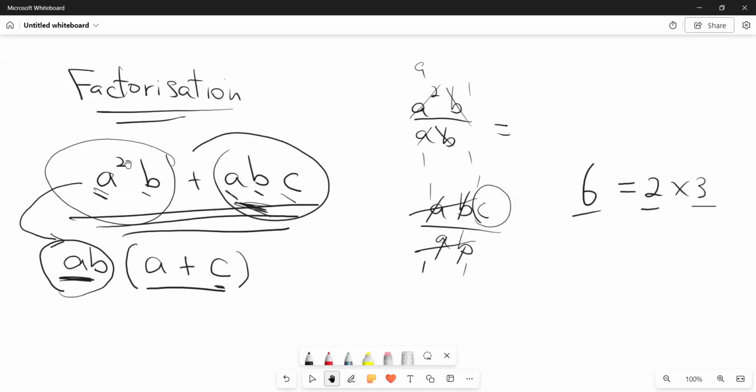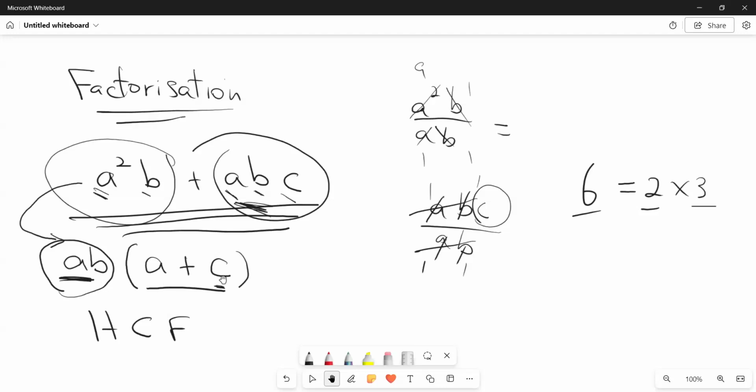This whole approach where you take out the common factor, or you hear something called highest common factor, HCF, and you put it to the front, and then you divide the whole expression by that highest common factor.